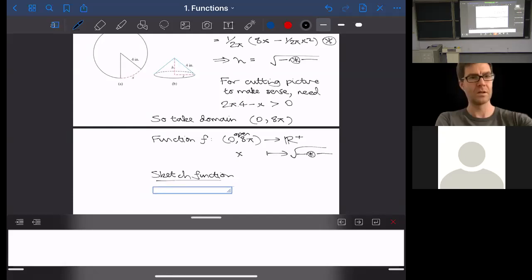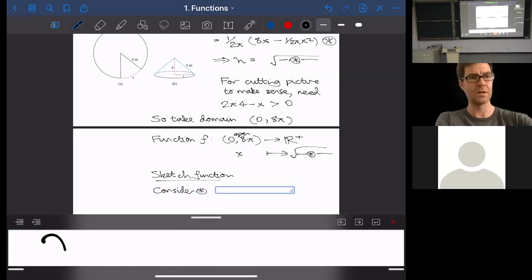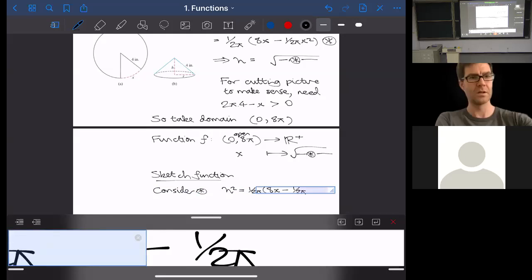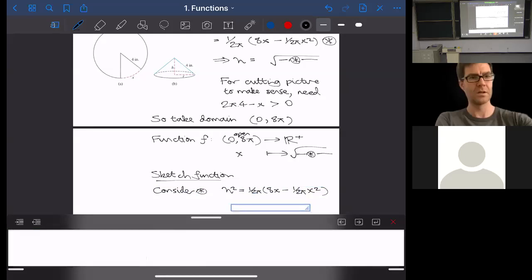Okay, so we sketch the function. Let's consider star, which was giving h squared as this function of x.